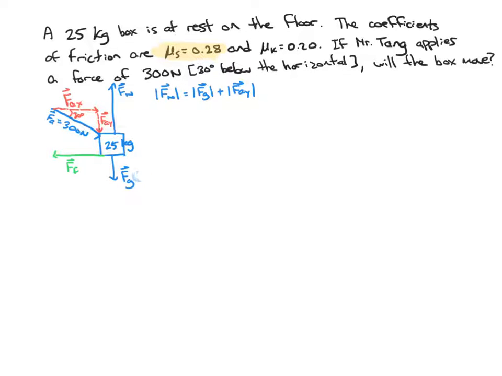Gravity I know is mg, so I can calculate that rather quickly. The mass is 25, multiplied by 9.8. So I get 245 newtons for gravity.